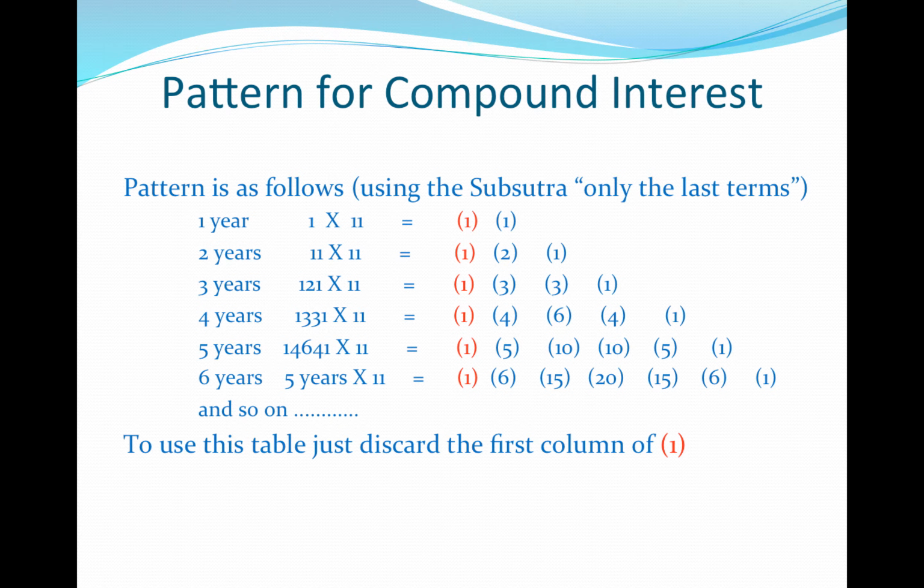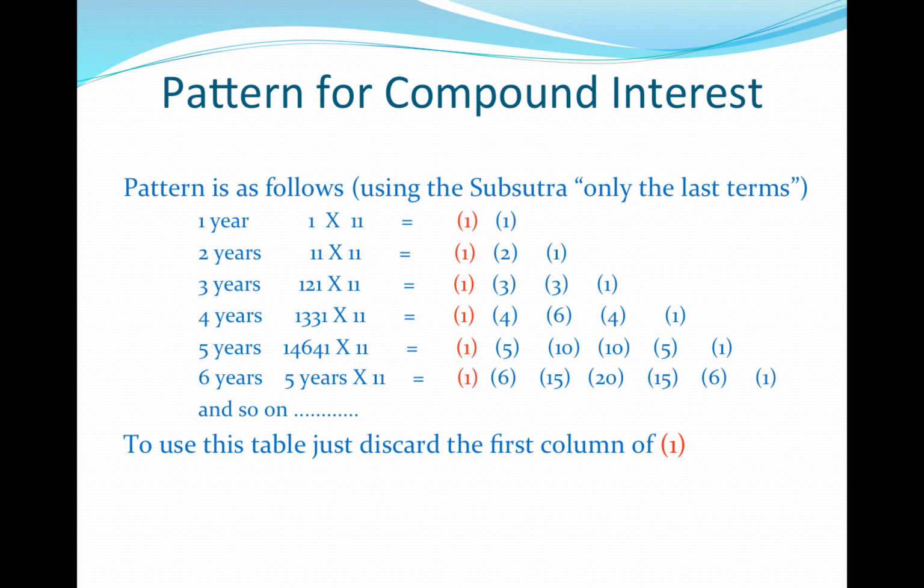Okay, so the first row is the first year, so 1 multiplied by 11 is equal to 11. For the second year, just multiply the first year's 11 with 11. And in Vedic Maths, we already know how we calculate multiplication by 11.